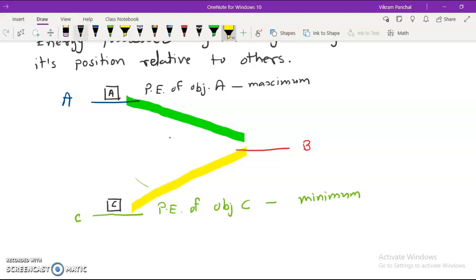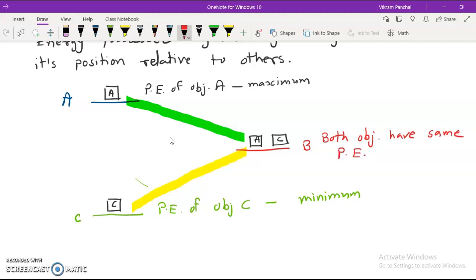Okay. Now we have both objects A and C having the same mass, and they are at the same level, B level. Okay. So here both objects will be having the same potential energy.